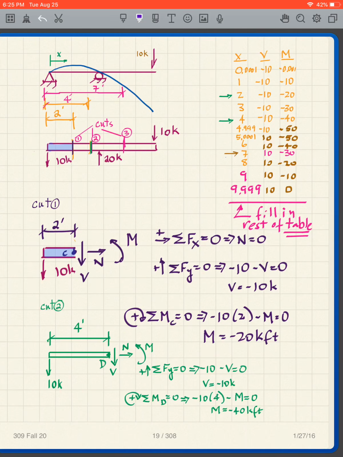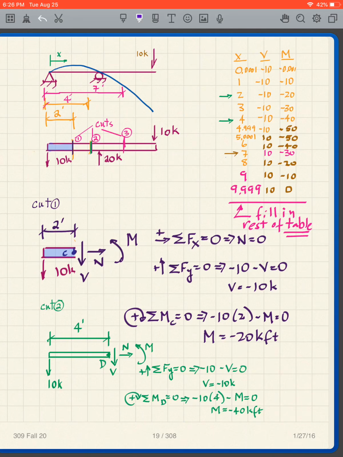So we can start to see a pattern here without having to make all these cuts. In other words, for my V value, it doesn't matter whether I make a cut anywhere before I hit that roller. I'm going to get the same free body diagram. It's always going to look like this, so if I take the sum of the forces in the y direction, I'm going to keep getting negative 10.